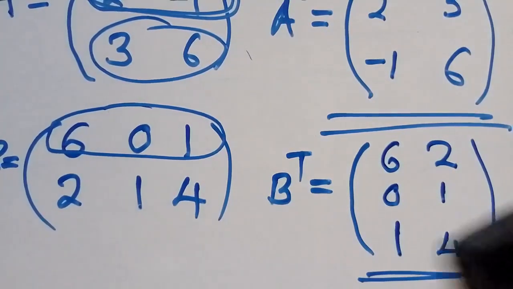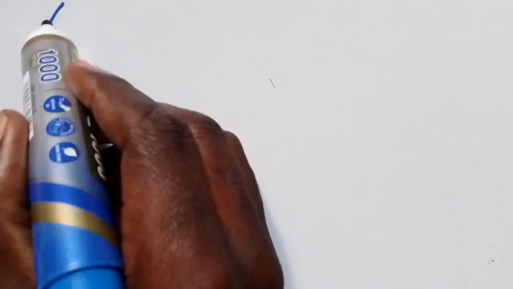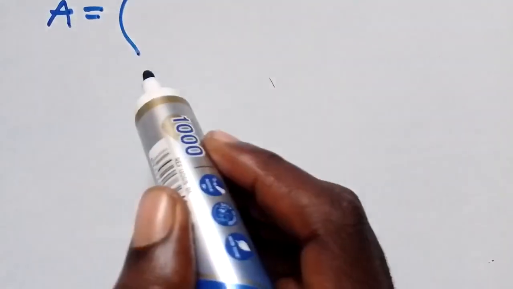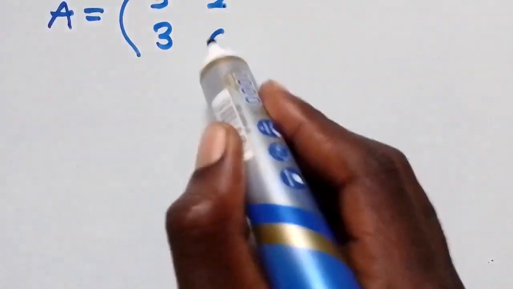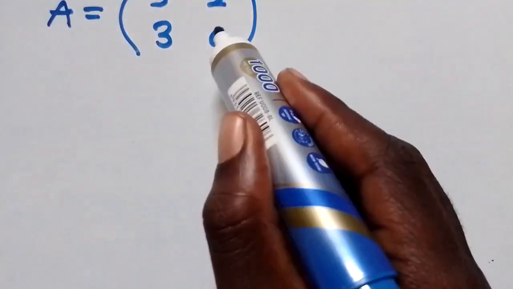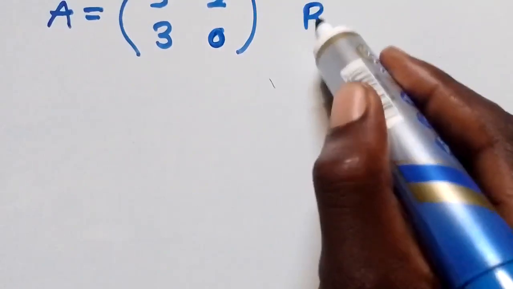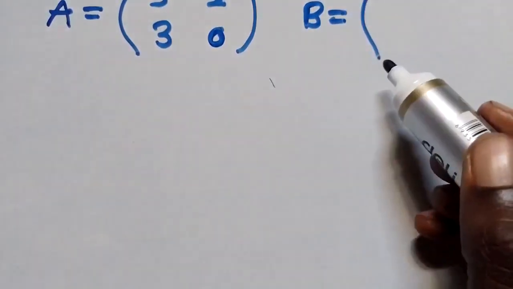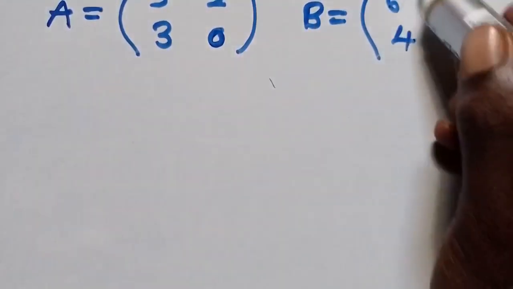Let us look at another last question. Maybe a question can come in this manner in your exams. Let's say you are given a matrix A, where A is 5, 3, 2, 0, this is a 0 that is here. Then you are given B is equal to 6, 4, like this.